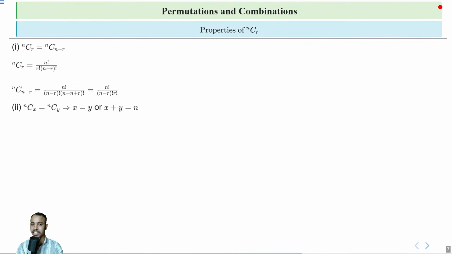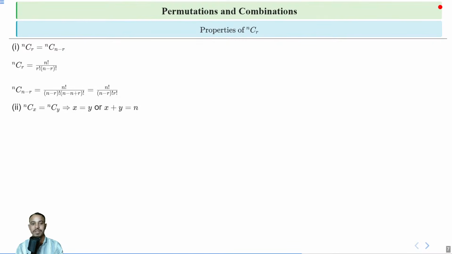Do you have any idea about this? First count 6C2 using nCr equals factorial n divided by factorial r times factorial n minus r. Then find 6C4 and compare them. Are they equal or not?